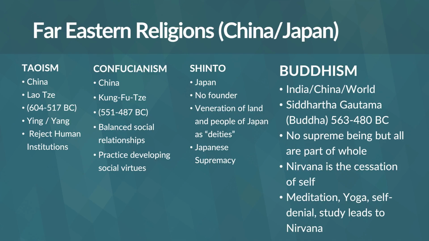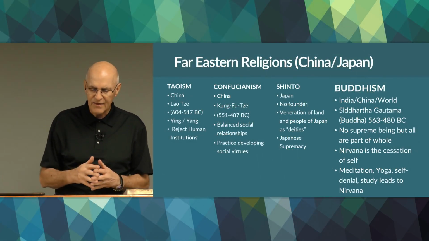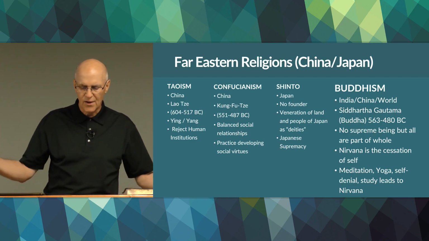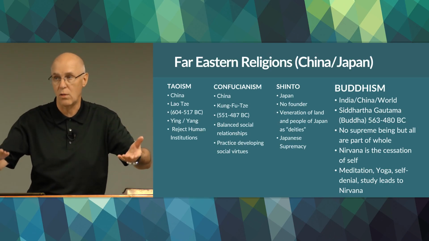He was called the Enlightened One, the Buddha. The main idea of Buddhism, first of all, there is no one personal supreme being. Life is a mixture of spirits, gods, beings that are all in a continuous process of becoming part of the whole.